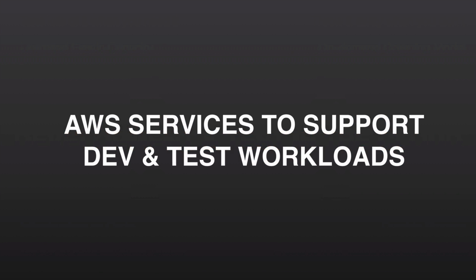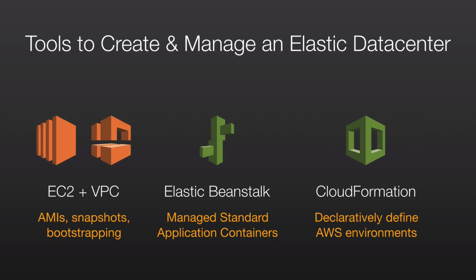So how do specific AWS services map into those four themes? What we're talking about here are tools that you can use to create and manage an elastic data center to support these development and test workloads. A combination of EC2 and the Amazon Virtual Private Cloud. This is our Elastic Compute Cloud, by the way, the virtual machines that you run inside AWS that can support your Windows, Linux, or other x86 workloads.